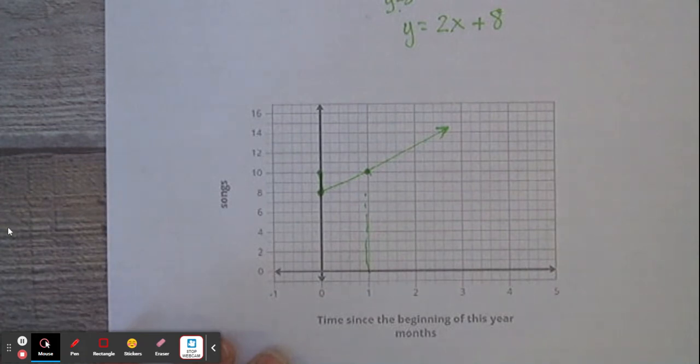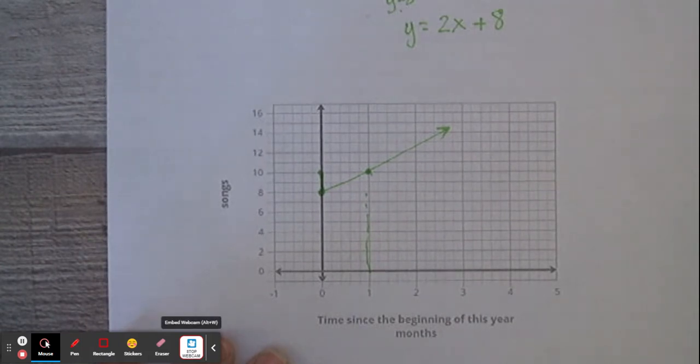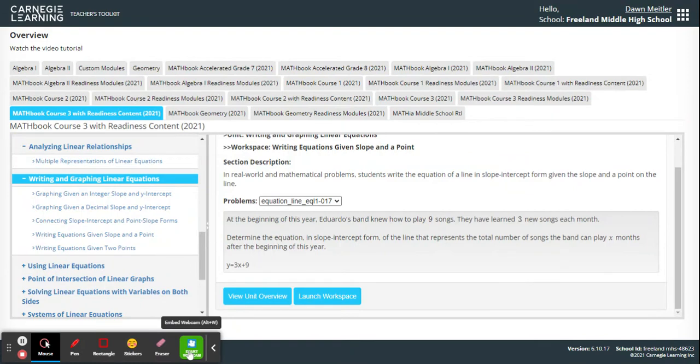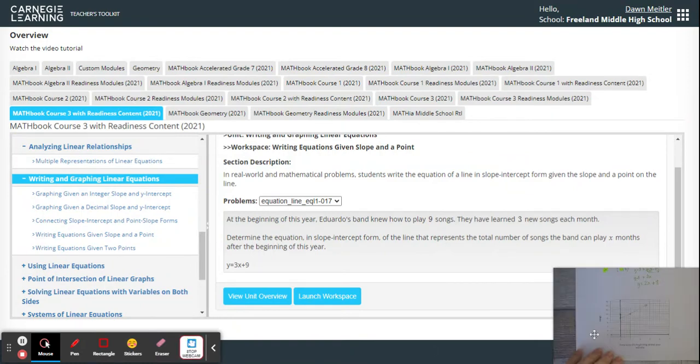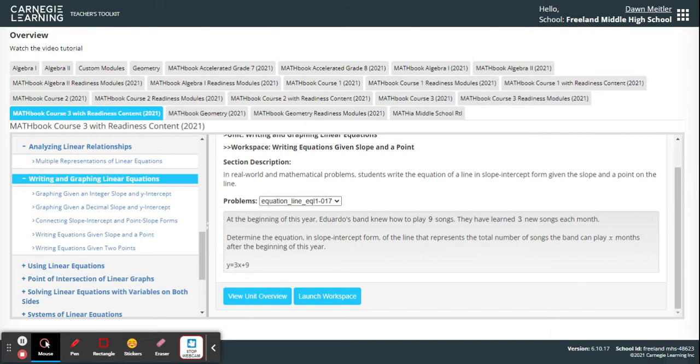Okay, now I want to show you what this looks like when we go back to Mathia. So I'm going to go to this problem. And this is what it's going to look like. So I'm just going to go down here real quickly. They get 3 songs per month. So I put a 3 down here for slope.